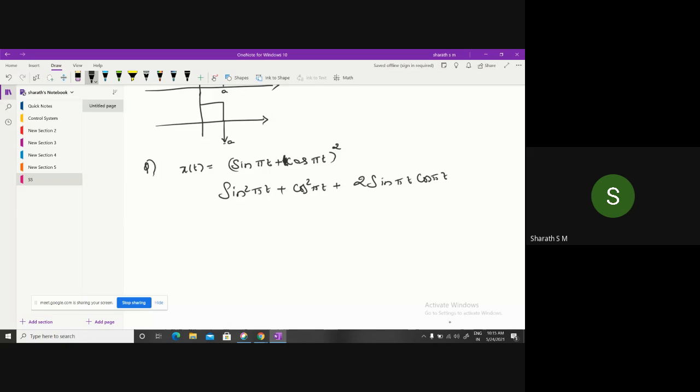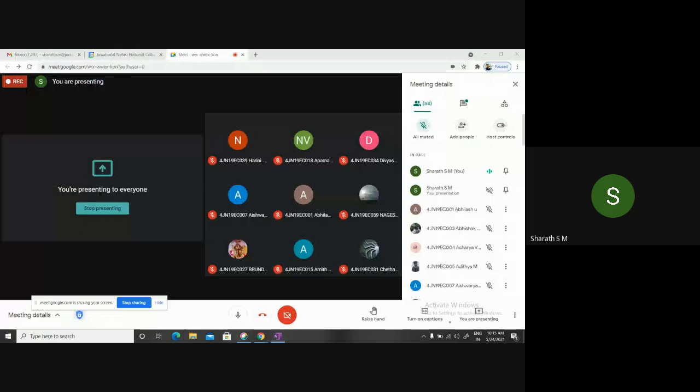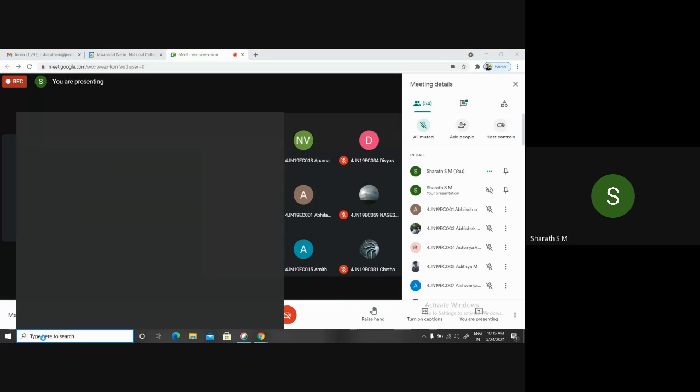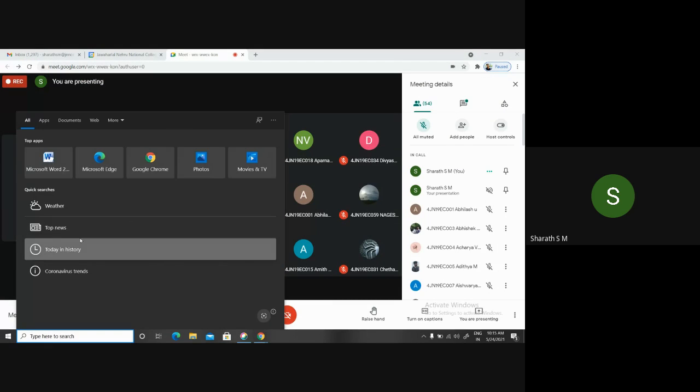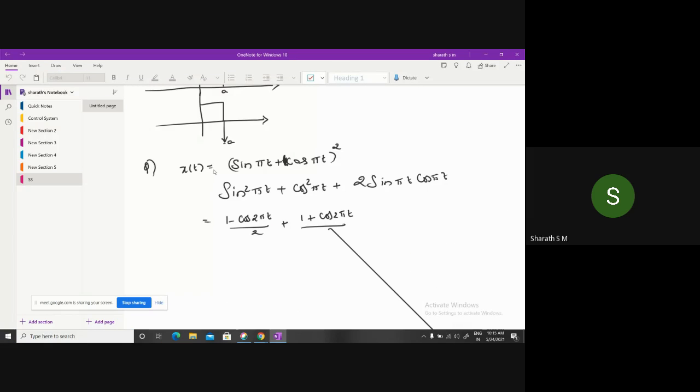So sin square can be written as 1 minus cos 2 theta by 2, and cos square can be written as 1 plus cos 2 theta by 2, plus 2 sin pi t into cos pi t.